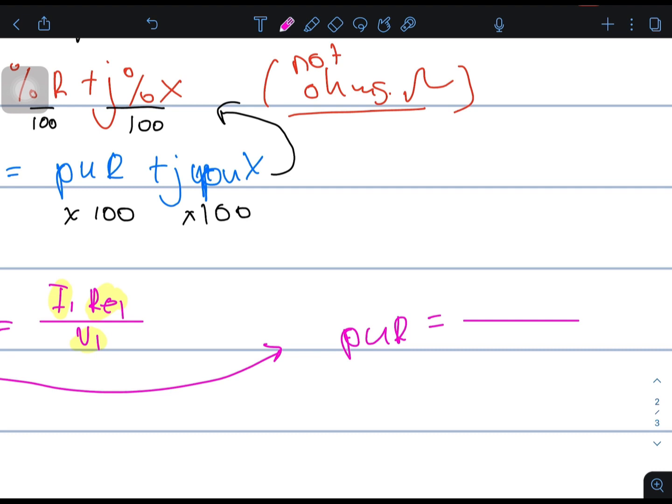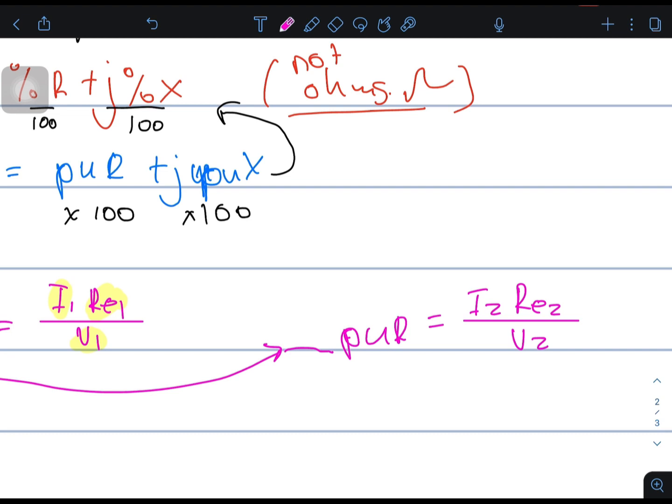The same per unit value works on both sides. That is the main advantage of this. I2, RE2 over V2. That is the first reason why we use per unit value.